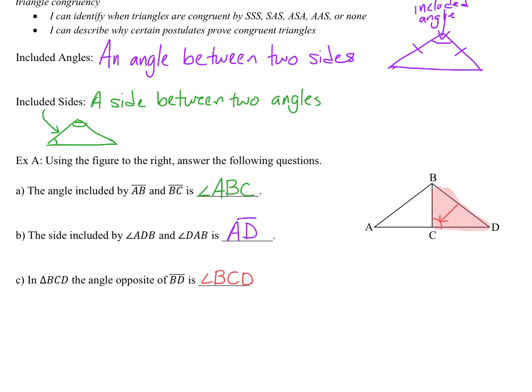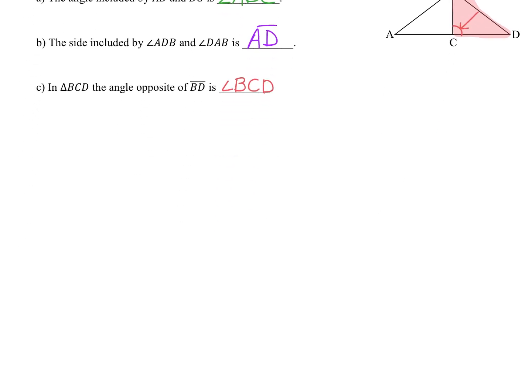So we've got included sides and opposite things like that. What this ties into is the start of some of our congruence postulates for triangles. We're going to call these shortcuts to congruency.